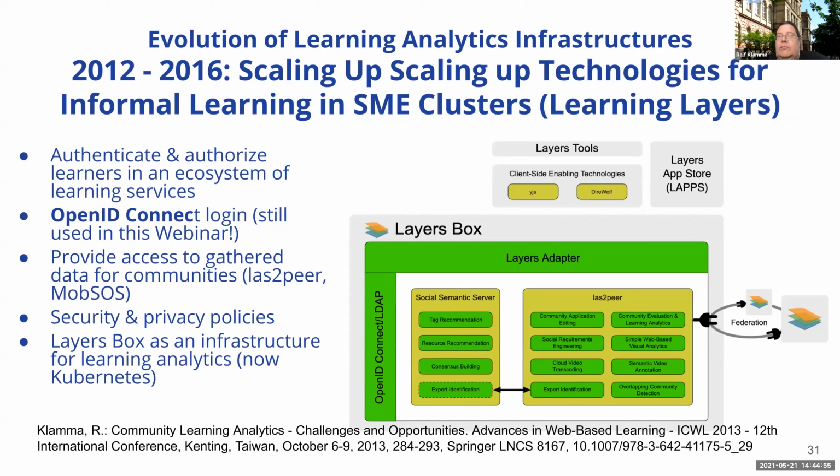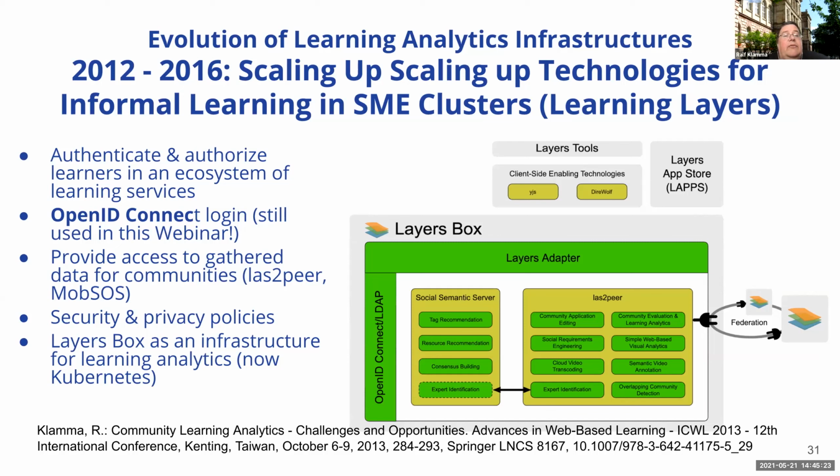If you look at modern approaches for cloud hosting and so on, you will always find OpenID Connect at the heart of it. Facebook has it, Google has it, Gaia-X, the European cloud infrastructure, has it. We also started to work with security and privacy policies, which is one of the big things there.